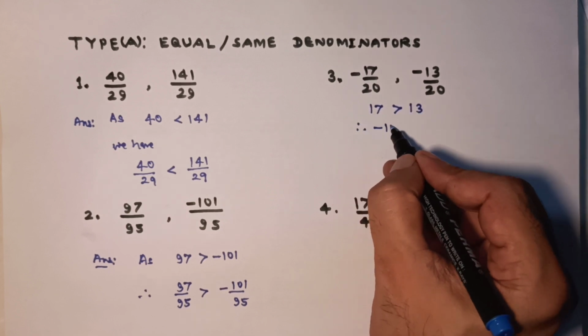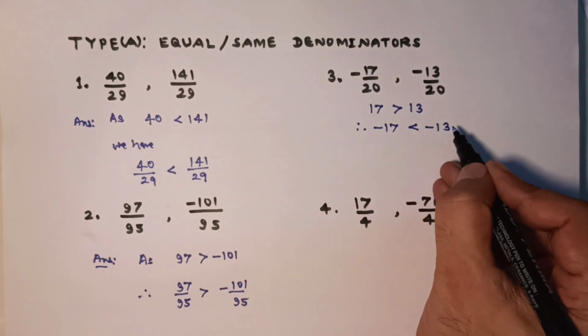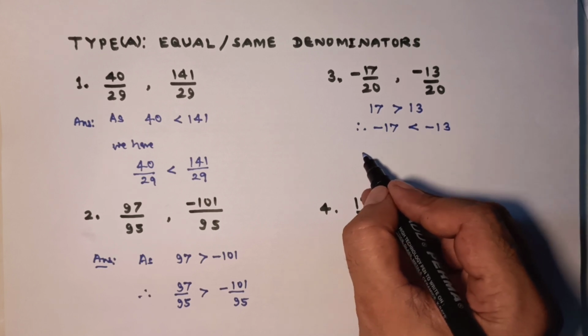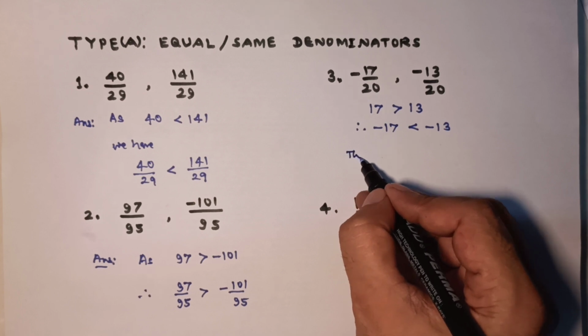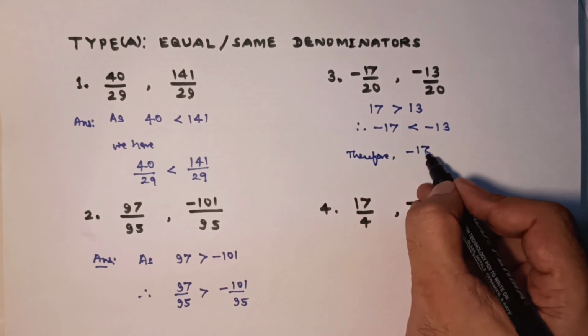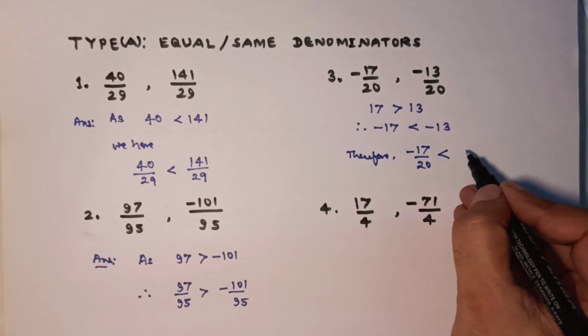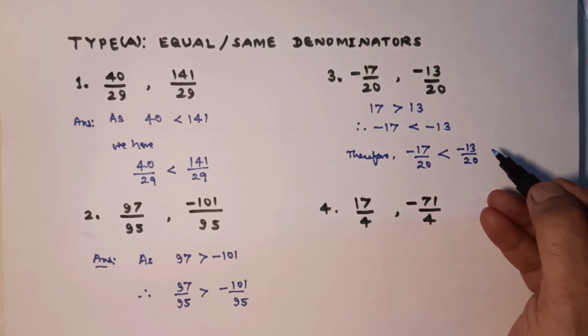Therefore minus 17 will be smaller than minus 13. Minus 13 will be bigger, minus 17 will be smaller, and hence minus 17 upon 20 will be smaller than minus 13 upon 20.